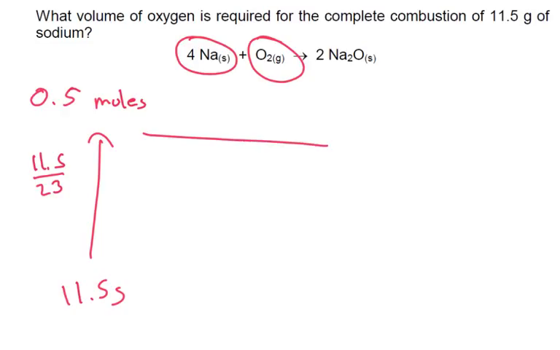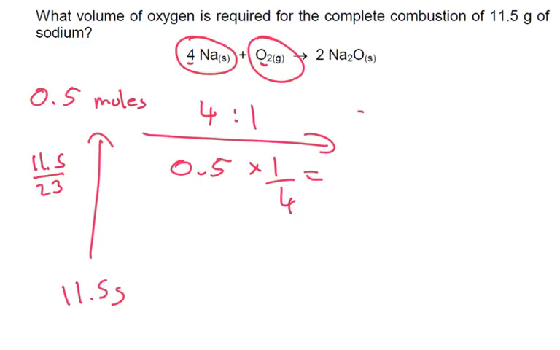Then we're going to look at the ratio. Well, it's a 4:1 ratio, and we're looking for oxygen, so 0.5 times by 1 divided by 4. That's going to tell us how many moles of oxygen we're going to have.